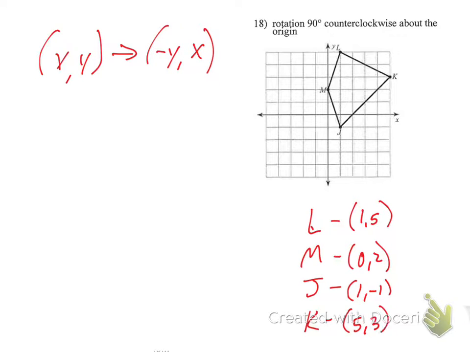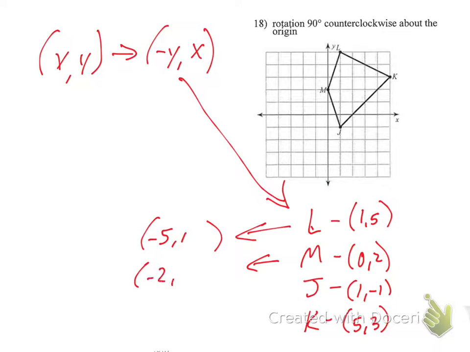So then I just apply this rule to these points. L prime is going to equal (-5, 1). M prime is going to equal (-2, 0). J prime is going to equal (1, 1). And K prime is going to equal (-3, 5).